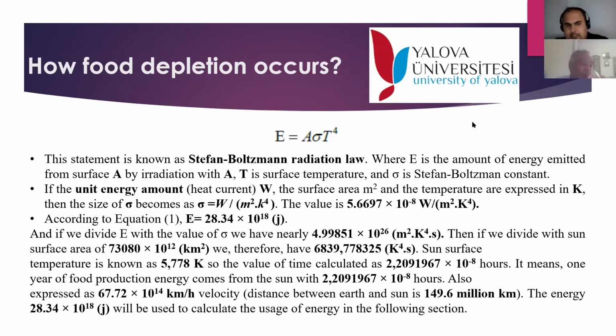If you can decide how much energy comes from the sun, the time is very low, as you can see. So we can convert the time to velocity. So we can say the energy will be used approximately 28.34 million joule.